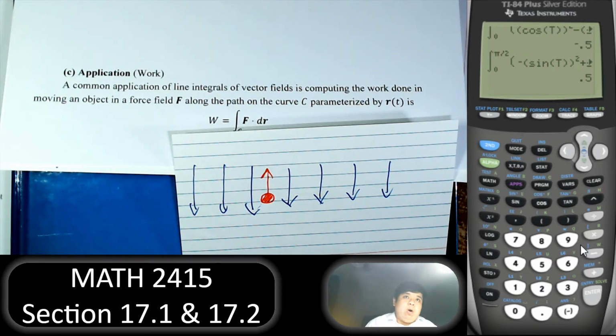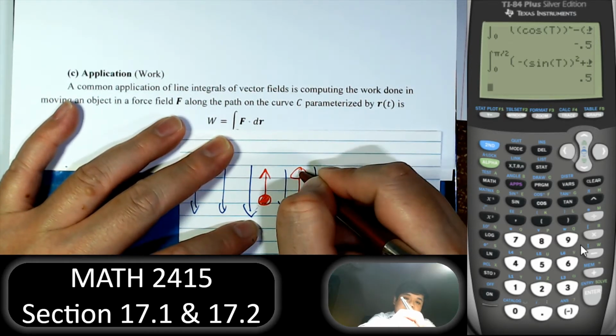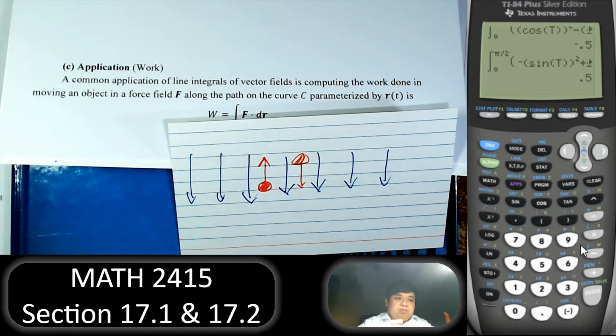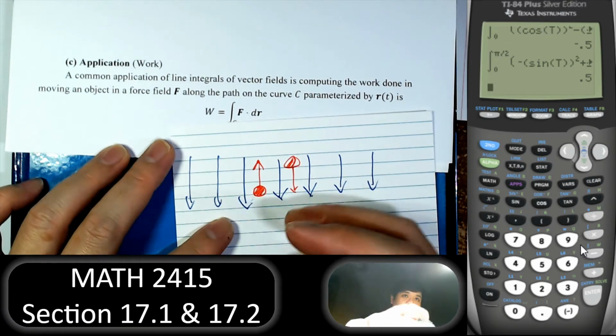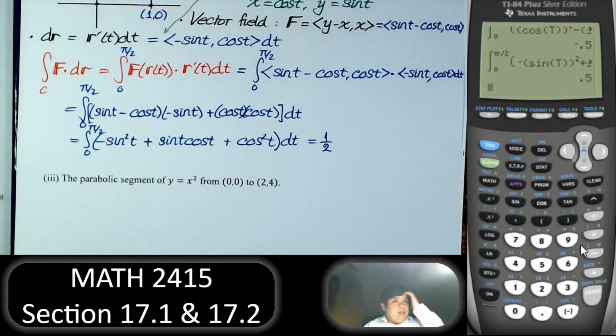So that costs some work. But if you want to drop it from the top back to the bottom, it doesn't require any work at all. We just release it and it drops. And when it hits the ground, the work it releases is the same as when we lifted it up. So that's in terms of work.